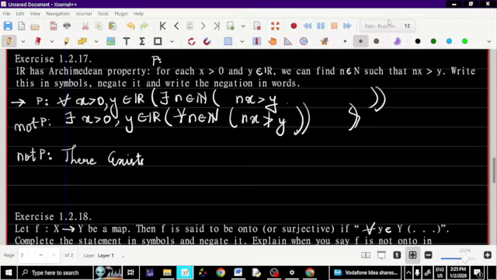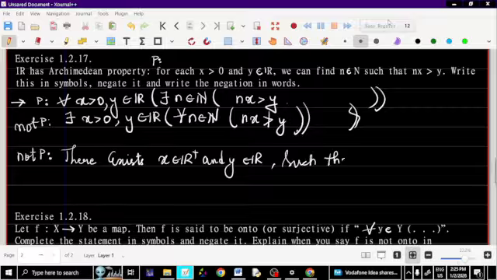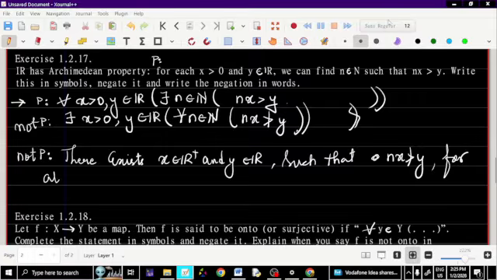There exists a positive real number, I can say R plus instead of saying x greater than 0, and a real number y, y can be any real number, such that nx is not greater than y for all natural numbers. This will be the negation in plain English.